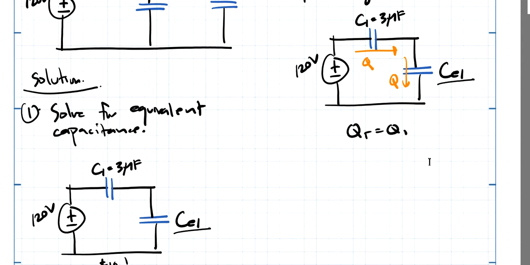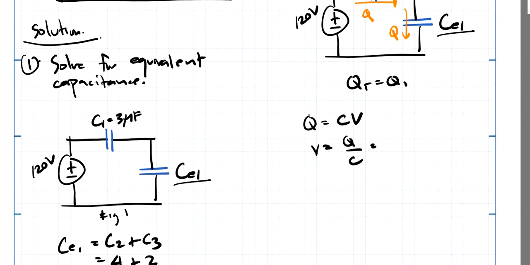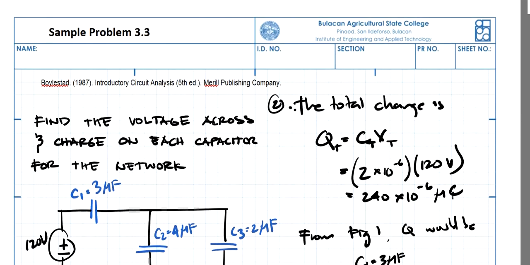Recall that Q is equal to CV, and V is equal to Q over C. So what is the Q? We have 240 microcoulombs at CE1.